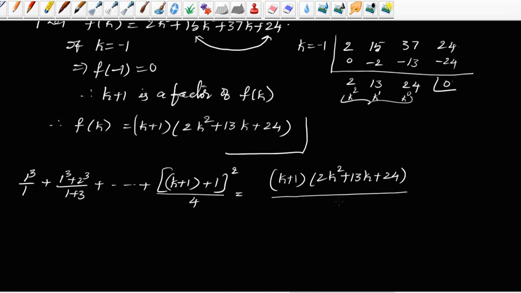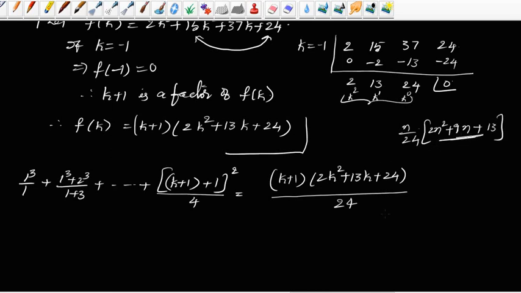Now in the same procedure, the given sum's right hand side is n by 24 into 2n square plus 9n plus 13. This is the given right hand side.